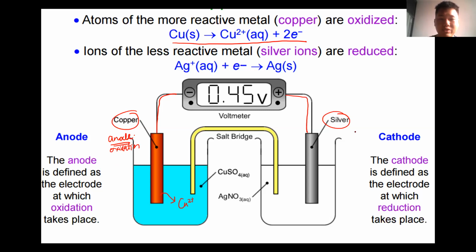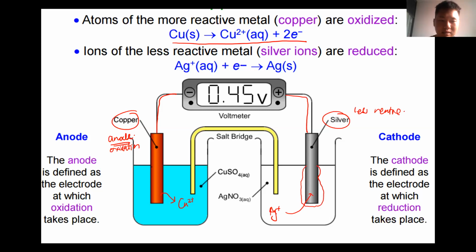And right over here at the silver, where the less reactive metal is, reduction happens. The silver ions in the solution will move to this cathode to form silver metal. So we can expect a larger mass of silver forming right over here.